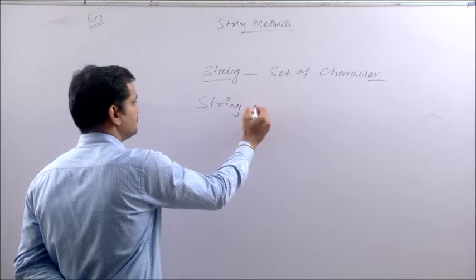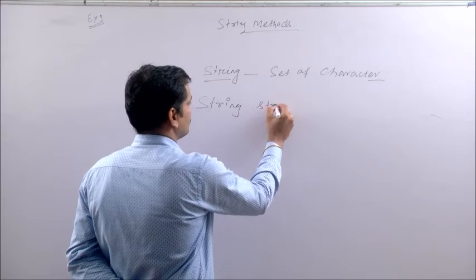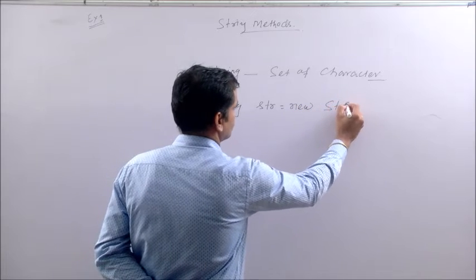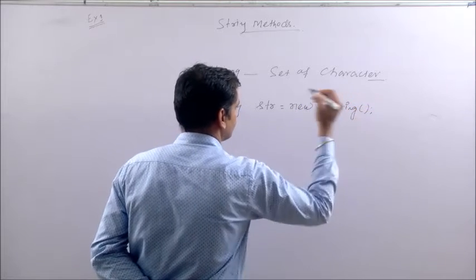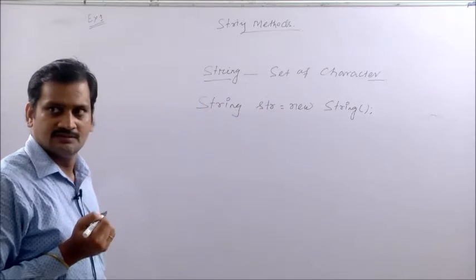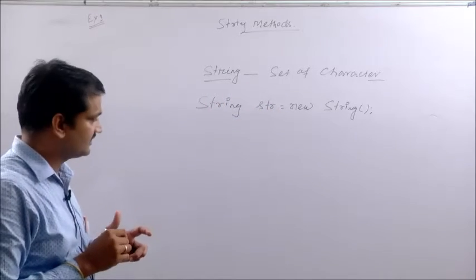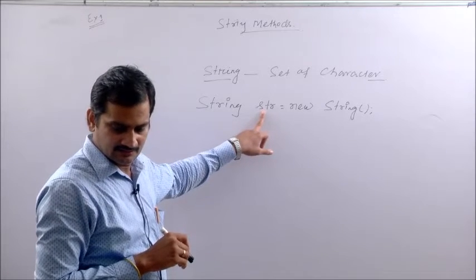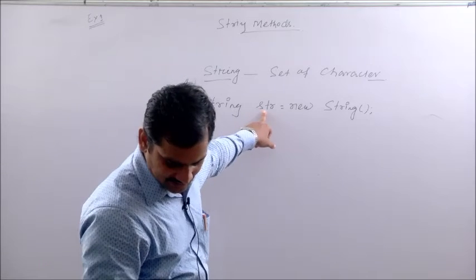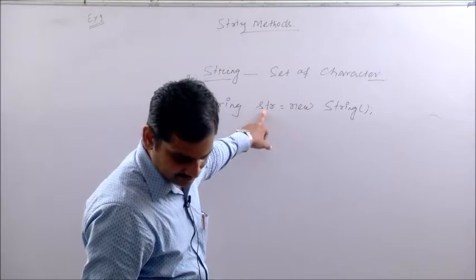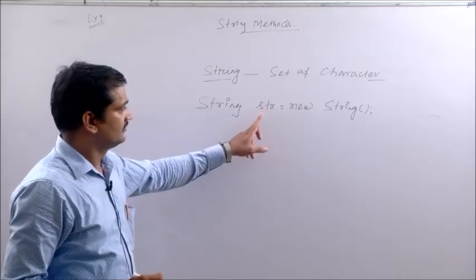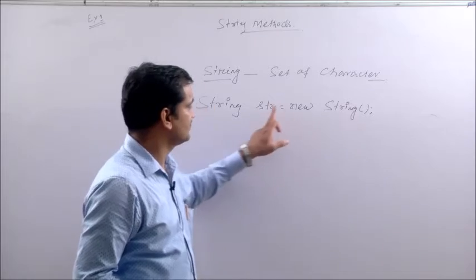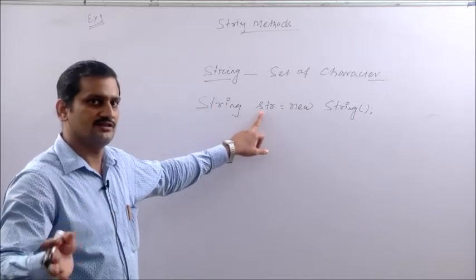The class name is String, the object name is, suppose, str, the operator is new, and then the constructor of String. In this case, it creates an object of string type str and points to no string. It has no value. Its constructor takes no value. That means it creates an object, points to nothing, and stores nothing.